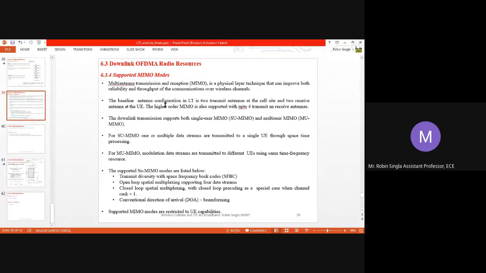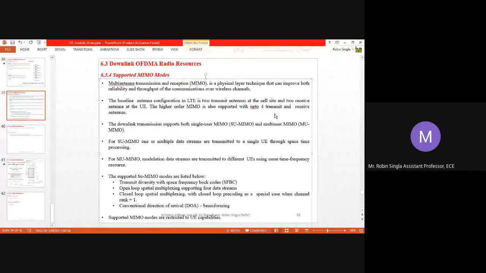The baseline antenna configuration in LTE is 2 transmit antennas at the cell site and 2 receiving antennas at the user site. And higher order MIMO is also supported, up to 4 transmit antennas and 4 receive antennas. In higher order, it can support up to 4 transmit and receive antennas.